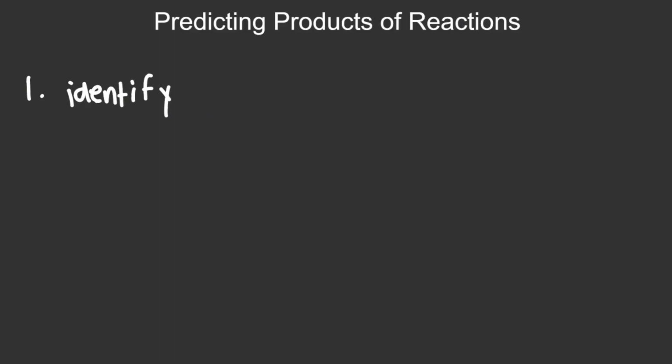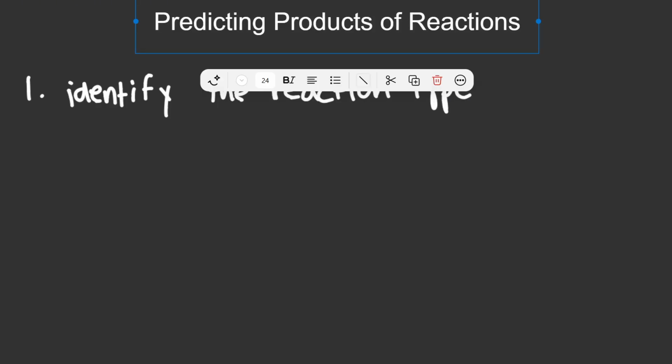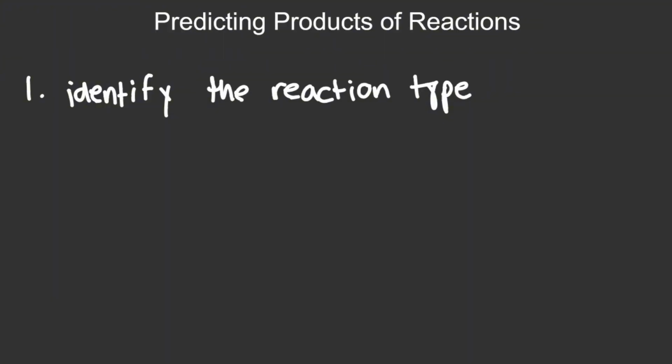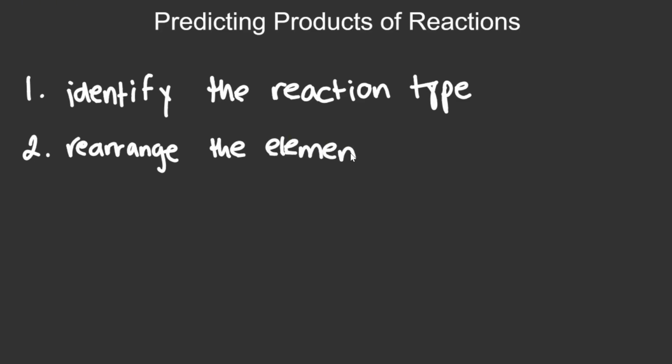Now, the reaction type is one of the 5 that we just listed. Once you've done that, we can move on to step 2, which is we need to rearrange the elements or compounds based on the reaction pattern.